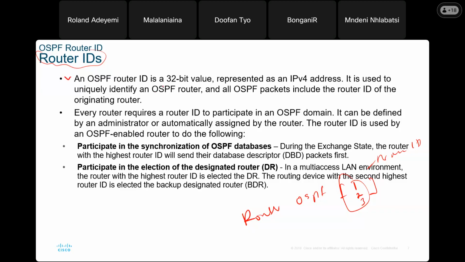An OSPF router ID is a 32-bit value, represented like, I prefer that way, like an IPv4 address. It is used to uniquely identify an OSPF router. And all OSPF packets include the router ID of the originating router. So if a router is sending packets, its ID is always in that packet.